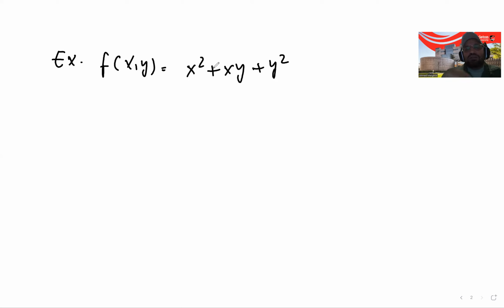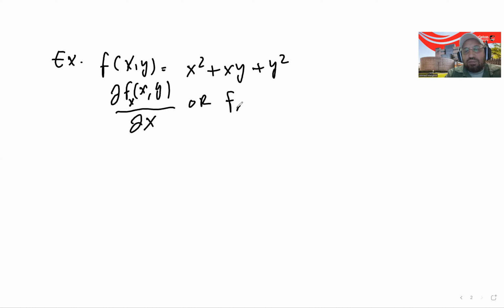Let us take the partial derivative of this function with respect to x. How do we do that? You can use this symbol, the partial of f of x and y, usually with x here, meaning with respect to x, or you can write it as f sub x of x and y.